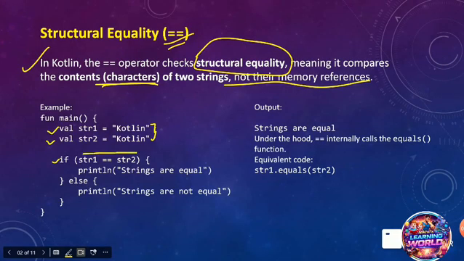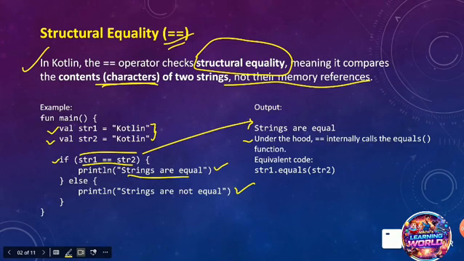In the first if condition we check str1 double equals str2. If both strings are equal, it will be true, and the "strings are equal" statement will be printed. In the else part we print "strings are not equal". Since both strings contain the same text, the output will be "strings are equal".